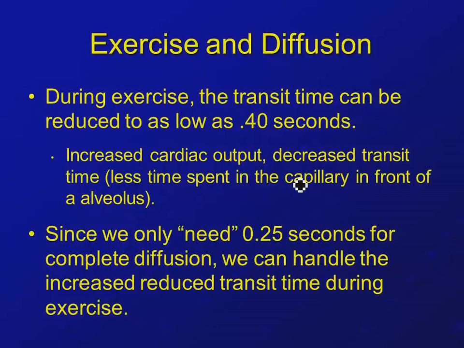So during exercise, we actually see that transit time dropping down to as low as 0.4 seconds. Under normal conditions, we only need a quarter. Big whoop. I still got the job completed. Unless I got a diffusion defect, where it takes a half a second. In that case, don't have full exchange going on.